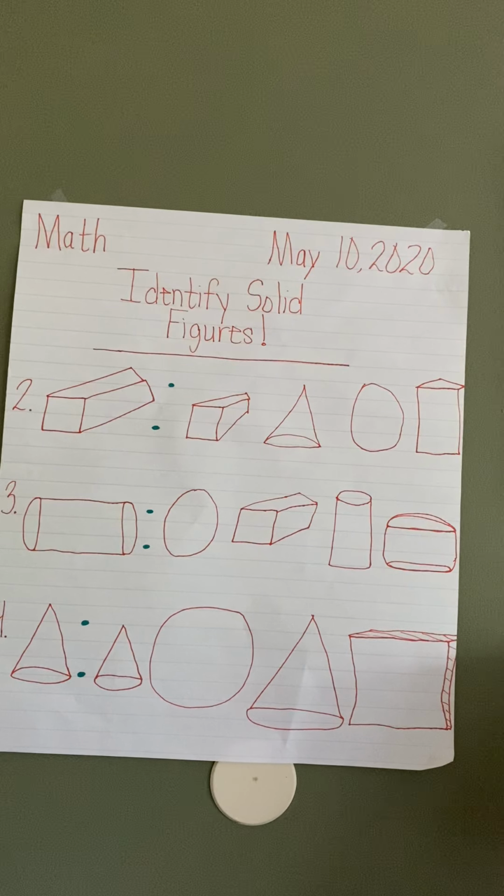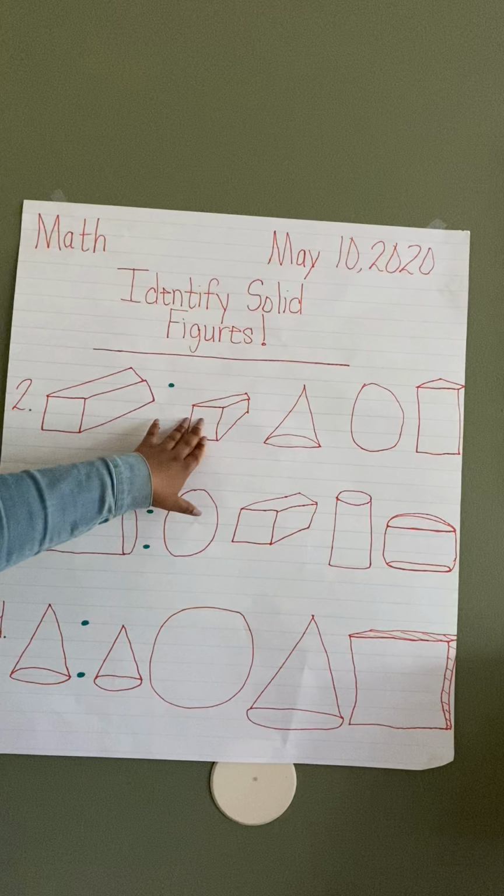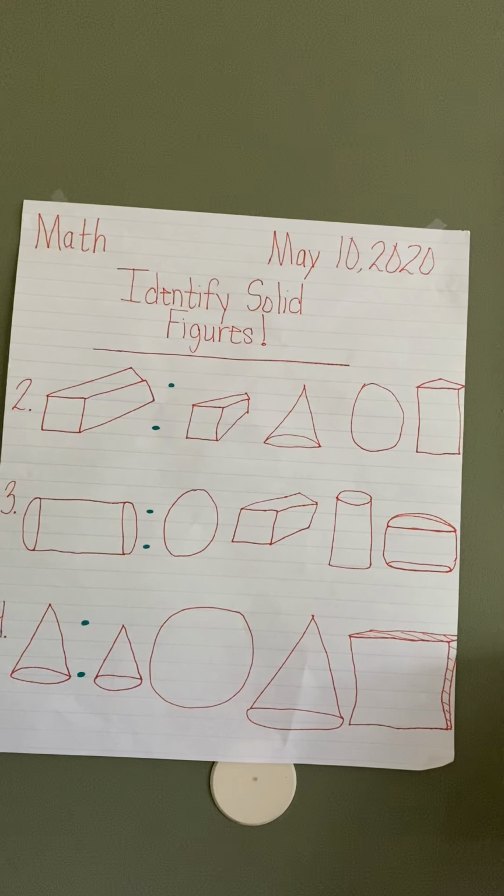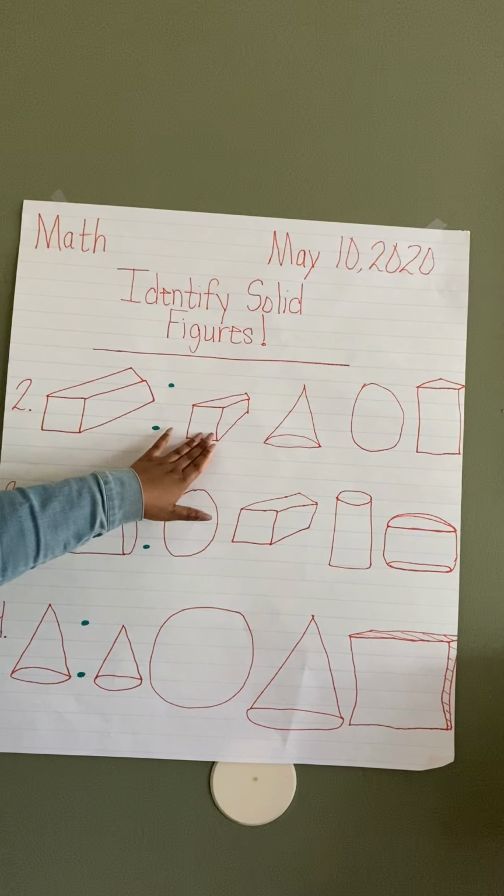Let's look at the first object. It looks like some sort of box. Maybe you can use it as a tissue box cover or a bin. But looking at the shape of it, is it the same as a rectangular prism? It is.